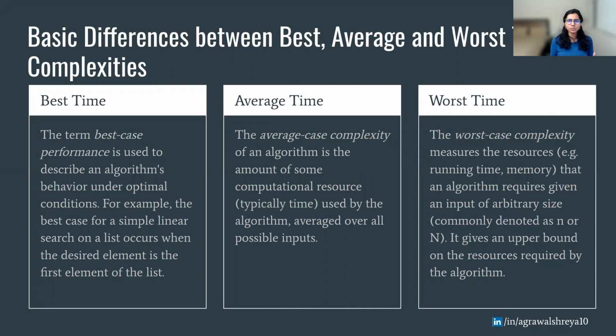It could be any number of elements, or a set of natural numbers, or anything where you're using all the resources, all the space and time you have, to perform those computations. In that case, it becomes the worst time complexity. All right, I think we have already covered this.